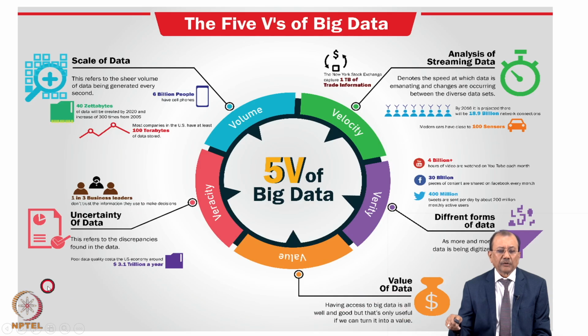And then uncertainty of data. It means that if there is a discrepancy in the data, you should be able to identify the discrepancy. So all these 5 characteristics become part of big data. If any software is called big data analytics software, it has to deal with volume, velocity, variety, value and veracity.